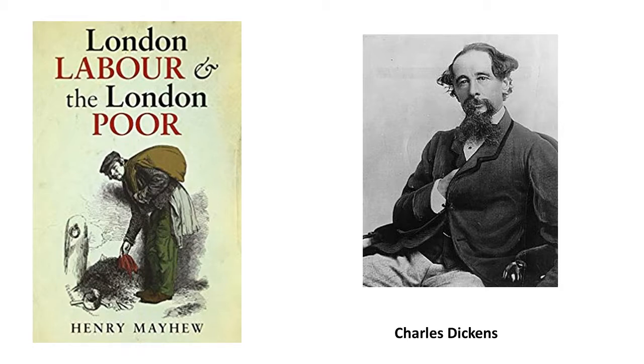Conditions of the working class were described and denounced by a couple of intellectuals in Britain. A famous book, which is what we would call today a sociological book, was made by a journalist named Henry Mayhew. The book was called London Labour and the London Poor. It was published right in the middle of the century, in 1851.